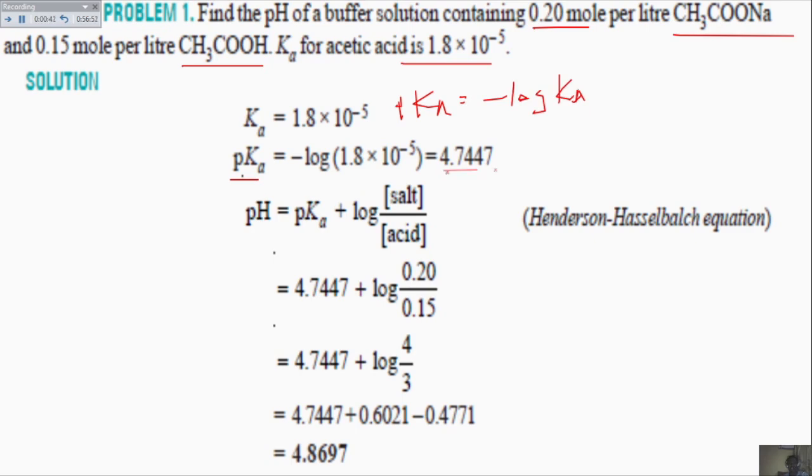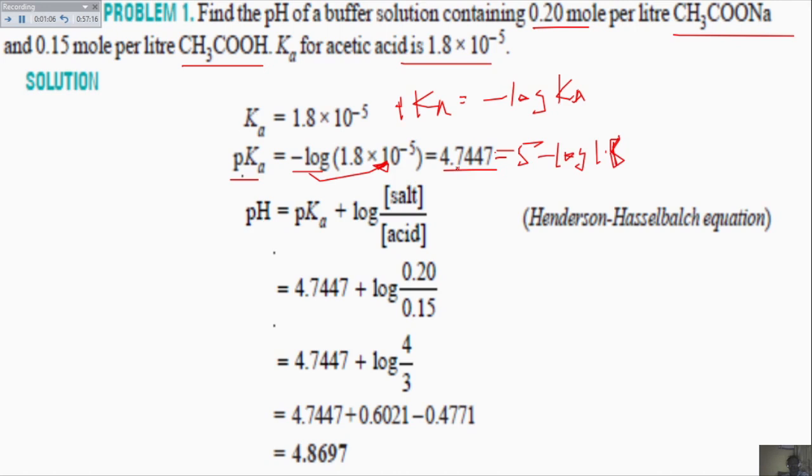Do that, and you get your pKa out. The 5 comes from multiplying by this one. Then you have 5 minus log 1.8, and when you do that, you get this.